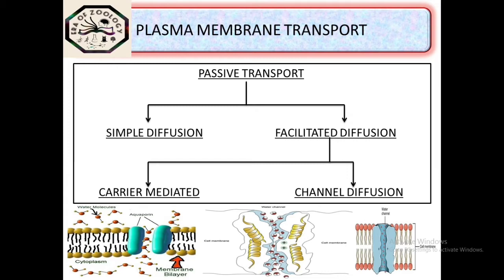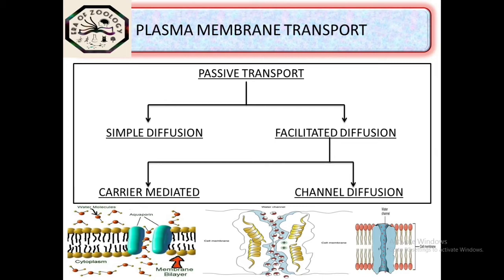Some molecules of oxygen, which are present in higher concentration in the extracellular part of the cell, will diffuse into the phospholipid bilayer and enter the intracellular part of this cell to maintain the density gradient. And actually this is simple diffusion.